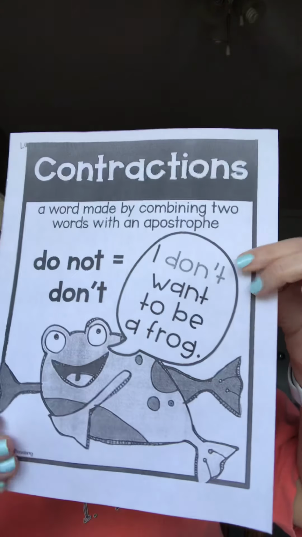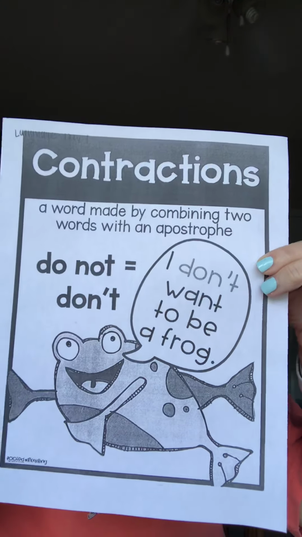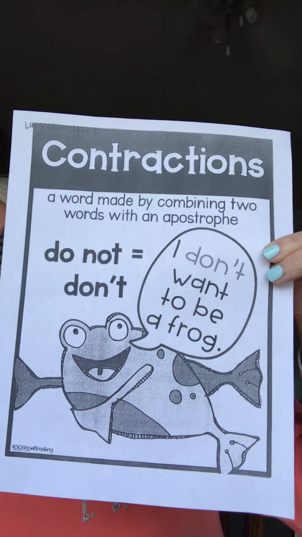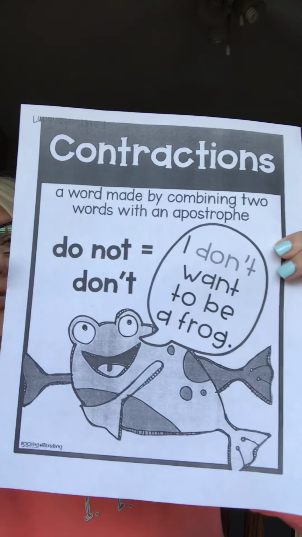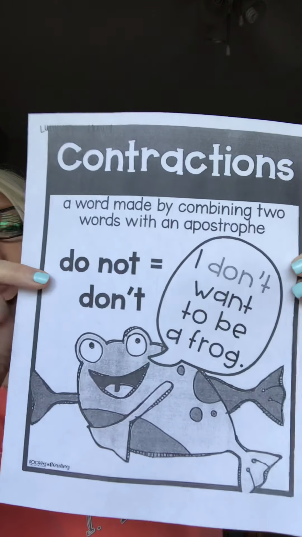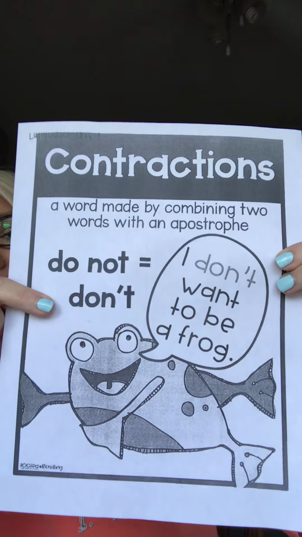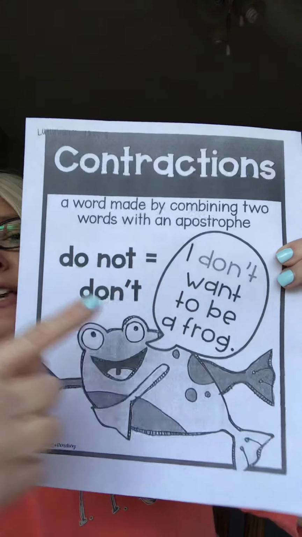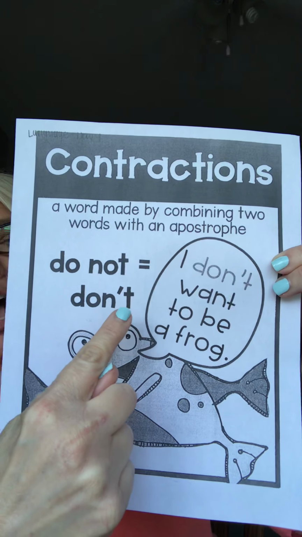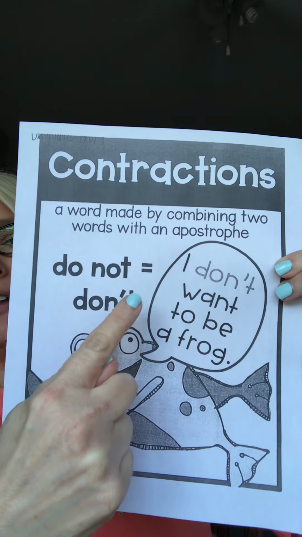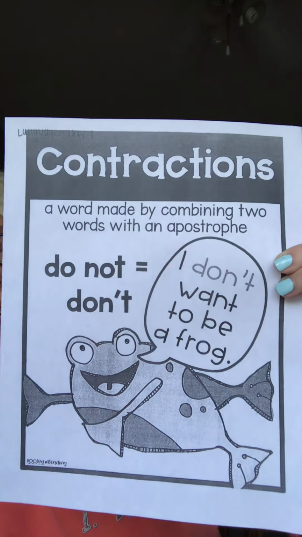And the apostrophe is that little mark that goes above the word where the missing letter or letters would be. So here on this side it gives you an example. Do not. The contraction for that would be don't. You see the apostrophe, and you also see that the letter O from the word not has fallen down that little trap door, and it's missing.